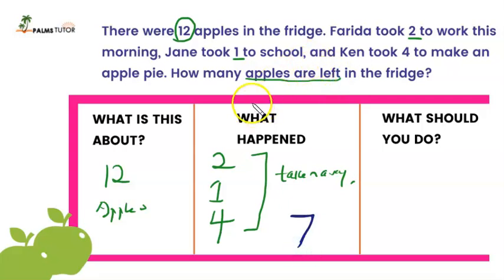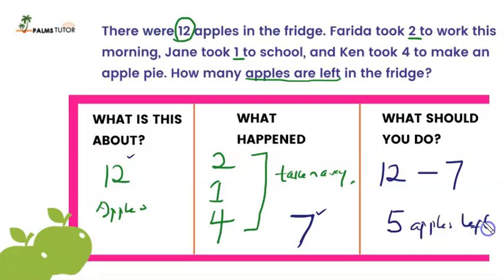Now, our question is, how many apples are left? If 7 is taken away and you had 12 at the beginning, how do you know how many is left? Take away, subtraction. 12 minus 7. So we have 5 apples left in the fridge. Right?